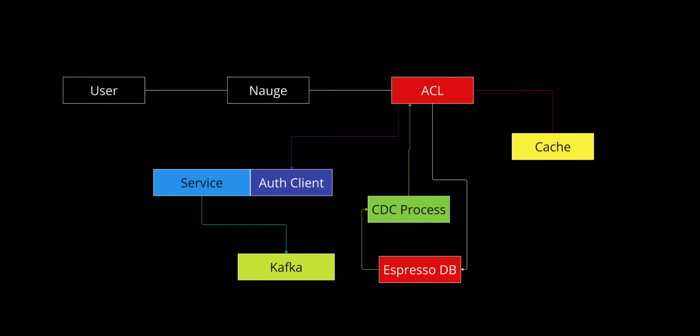So Kafka serves as a messaging system that propagates events related to ACL changes or access logs. Key roles of Kafka include distributing ACL change notifications to services relying on real-time updates, and handling large volumes of log data generated by authorization checks.